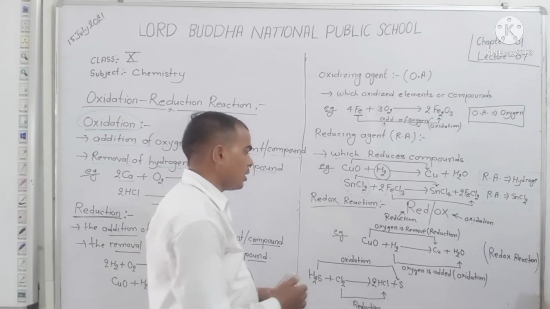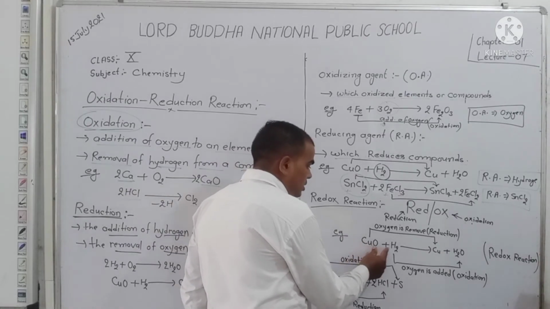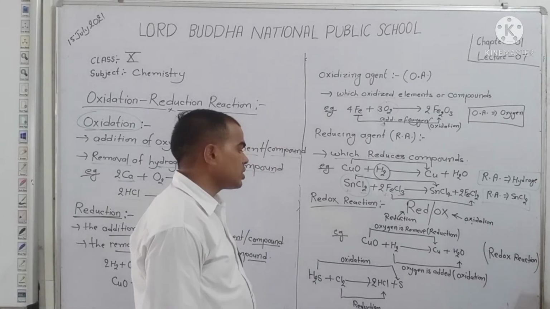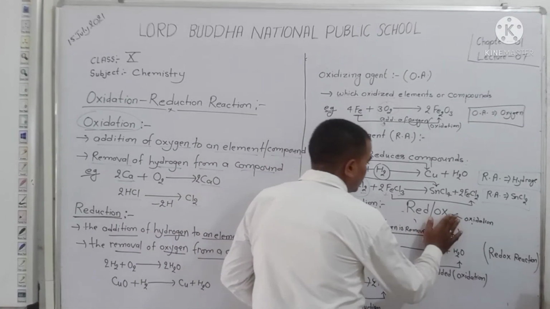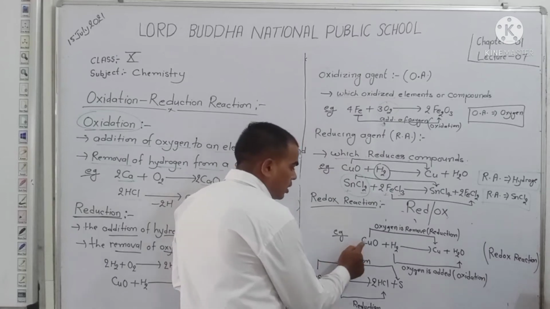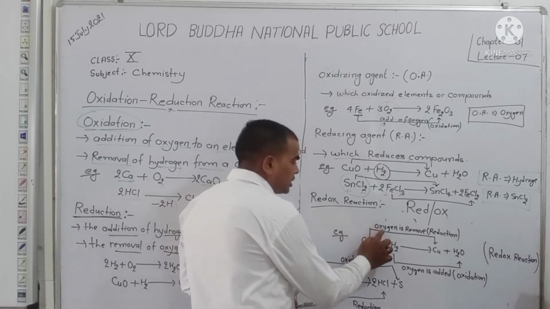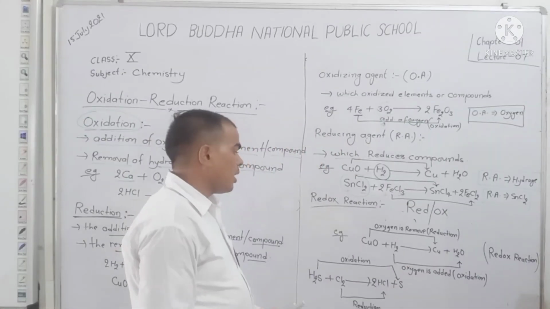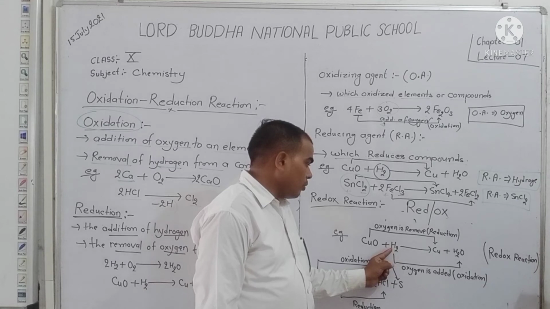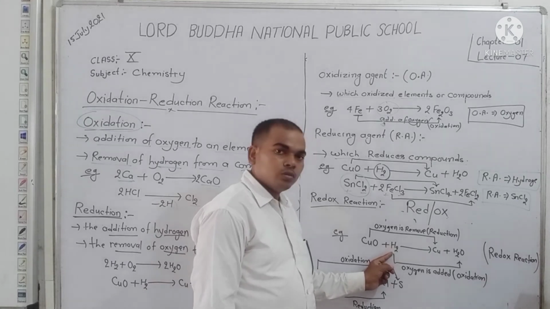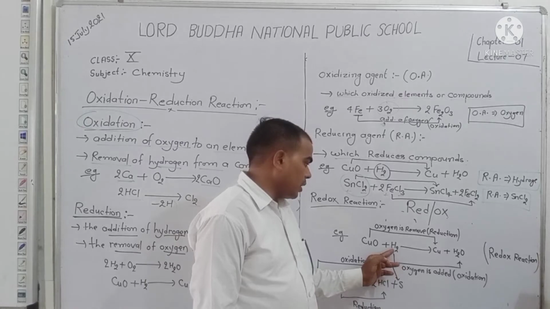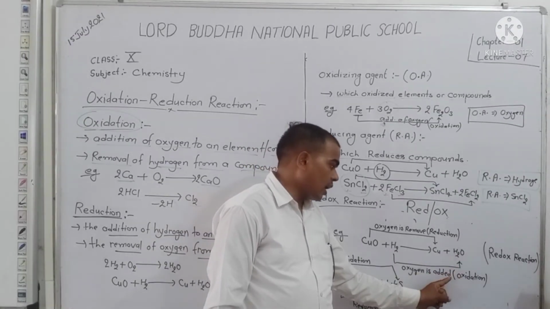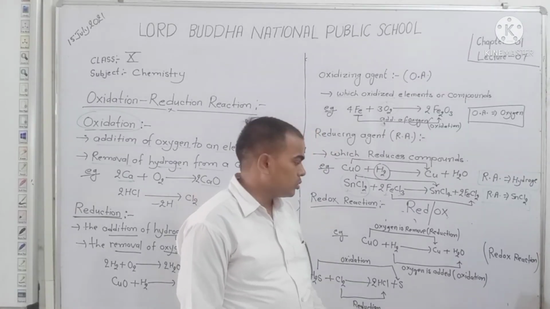For example, in this reaction CuO plus H2 forms Cu plus H2O. In this reaction, student, observe here, from CuO, oxygen is removed and it converts into Cu, and in hydrogen H2, oxygen is added and forms H2O.